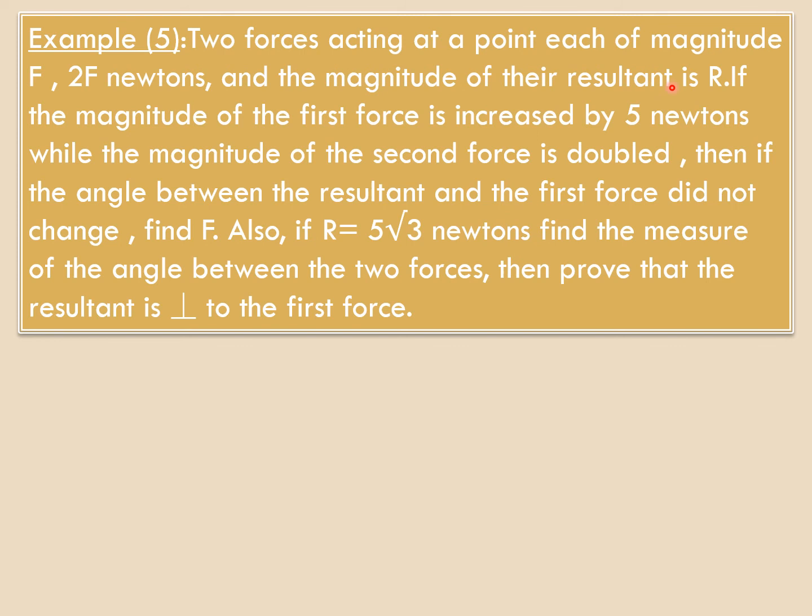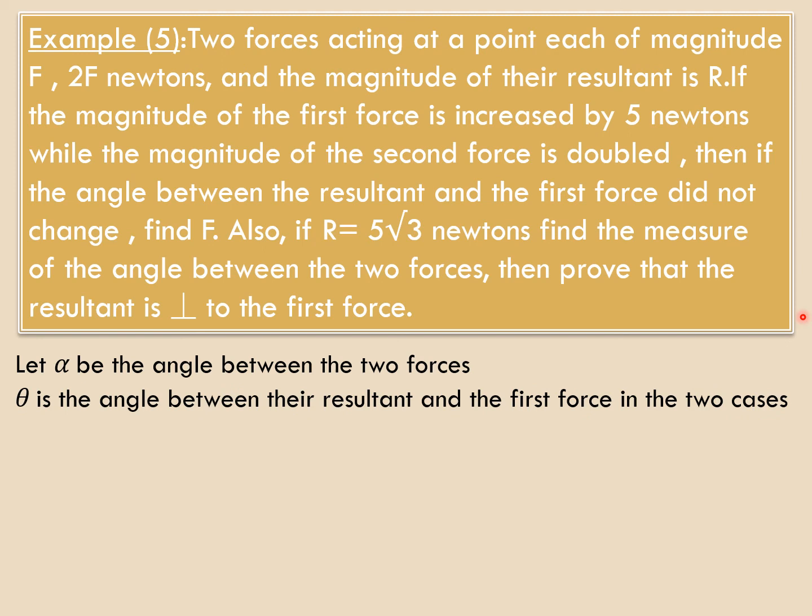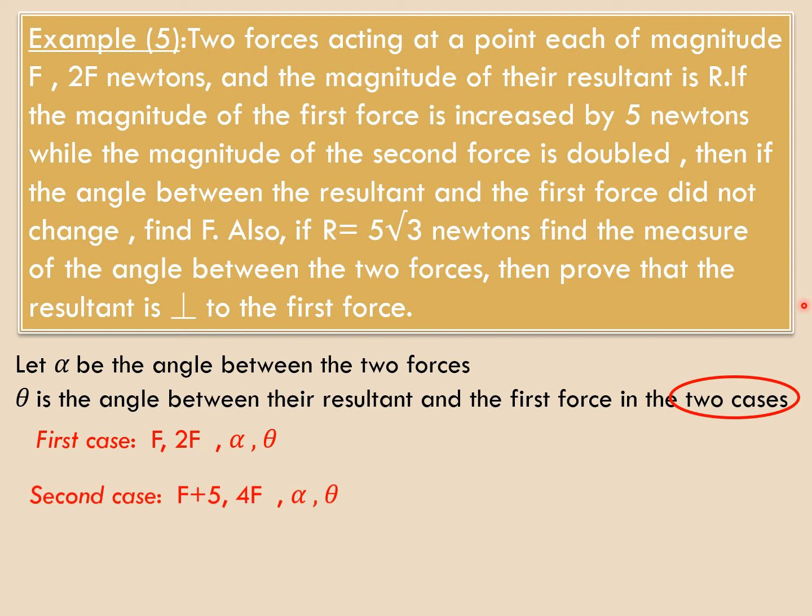So, two forces act at a point, their magnitudes F and 2F. The magnitude of the resultant is R. Let alpha be the angle between the two forces, and theta the direction of the resultant with the first force, in two cases. First case, F and 2F, alpha and theta.